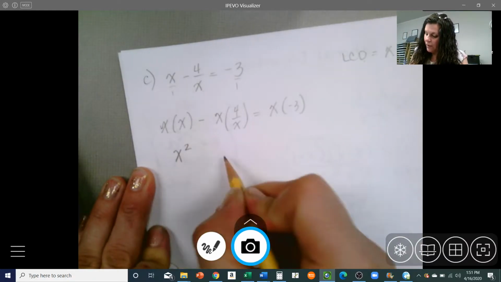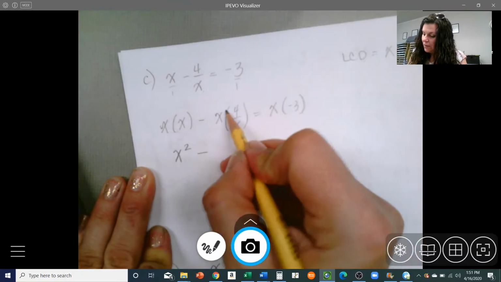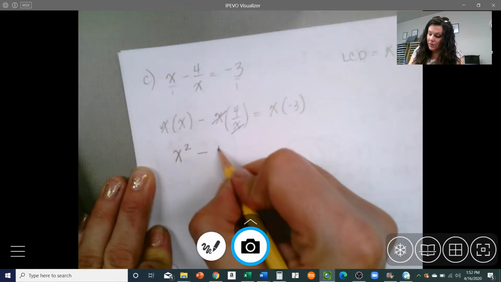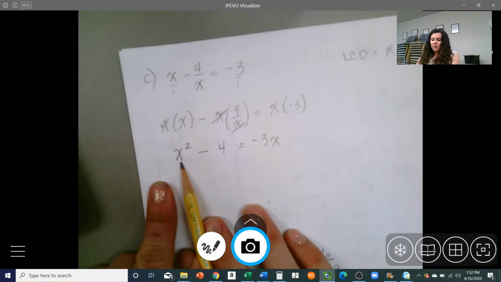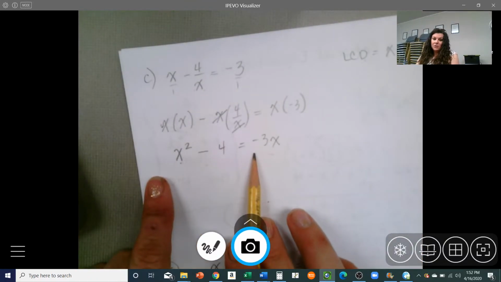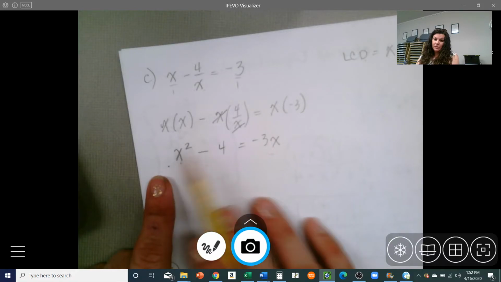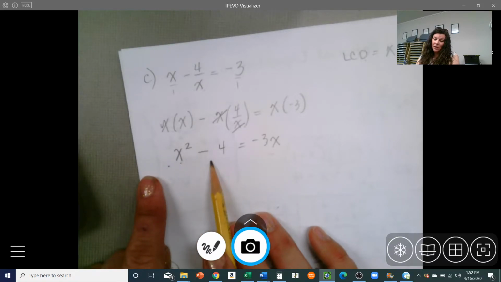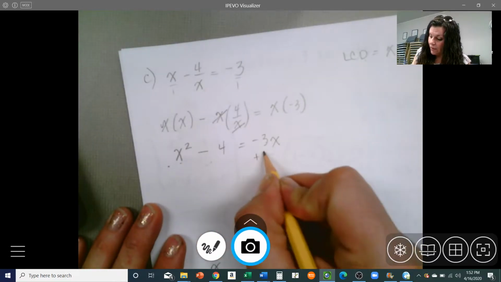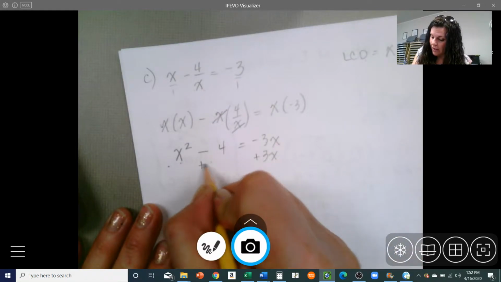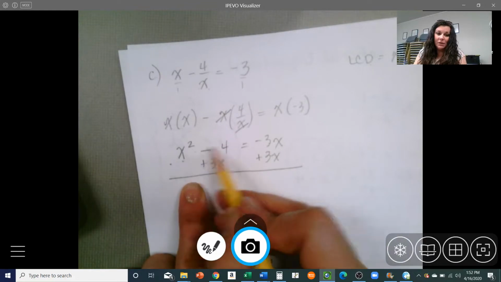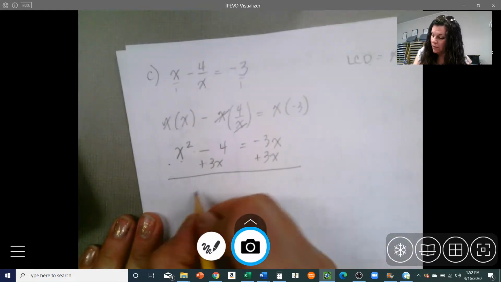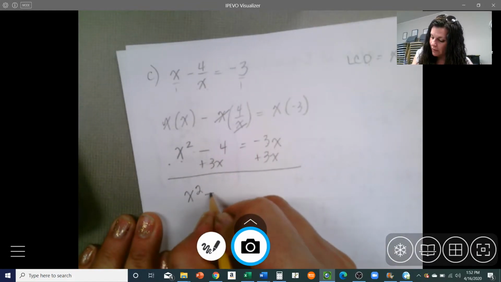So x squared minus, look, my x's cancel, so that's 4, and this is negative 3x. Now if you look, I have an x squared, an x term, and a constant term. So I'm going to add this 3x to both sides. Now I can't combine it with any of these. I have no like terms. I'm going to write it like this.